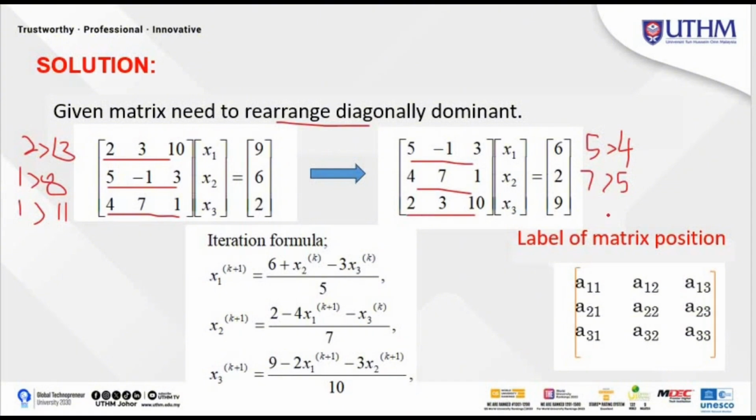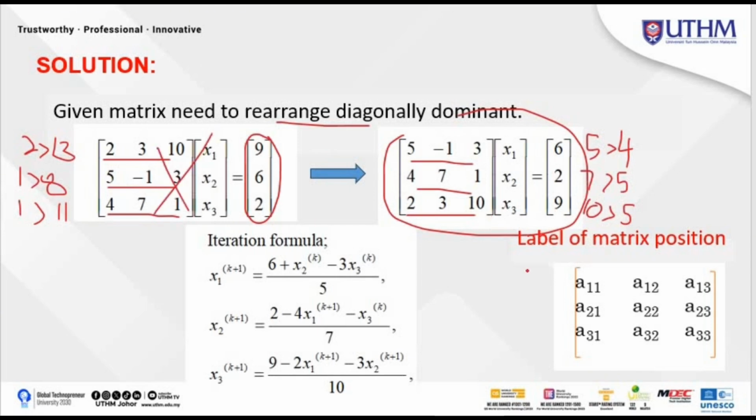And the last one, 10 is more than 5. So this is also diagonally dominant. Before you arrange it to be diagonally dominant, make sure all the numbers in a row are arranged together. So for the next steps, you need to use this new matrix, not this one.